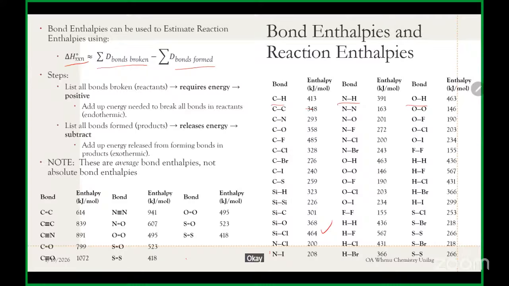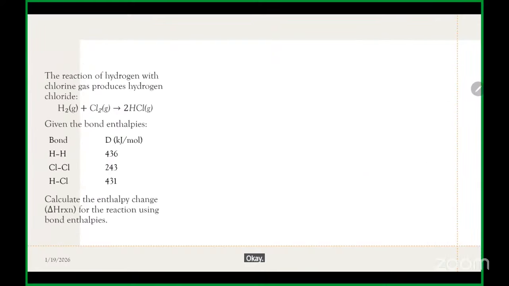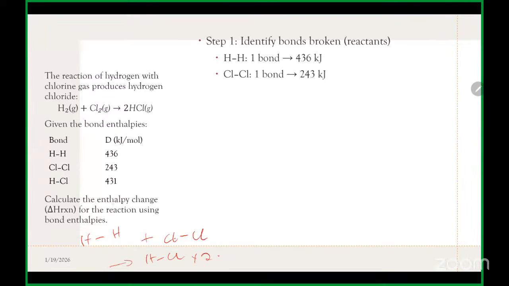The reaction of hydrogen with chlorine gas produces hydrogen chloride. So H2 plus Cl2 goes to 2 HCl. Calculate the enthalpy change for the reaction using bond enthalpies.